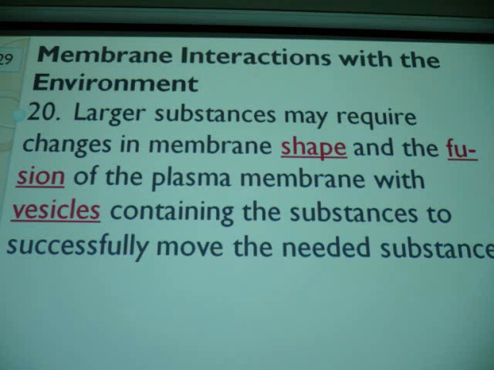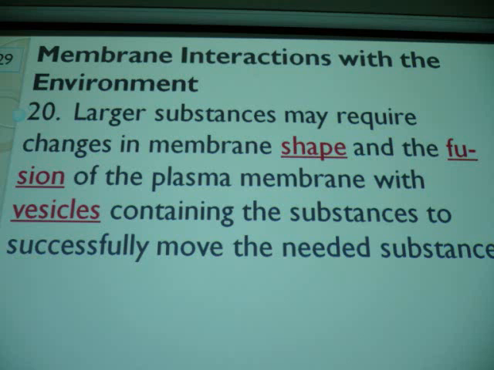Something large oftentimes requires a membrane to change its shape. And actually, it's called invagination. Swallow the object. And that forms a vesicle. When the thing finally gets inside, it is surrounded by a cell membrane, because you think about it, if I move up to something, and I just surround it, well, my cell membrane is touching it, right?